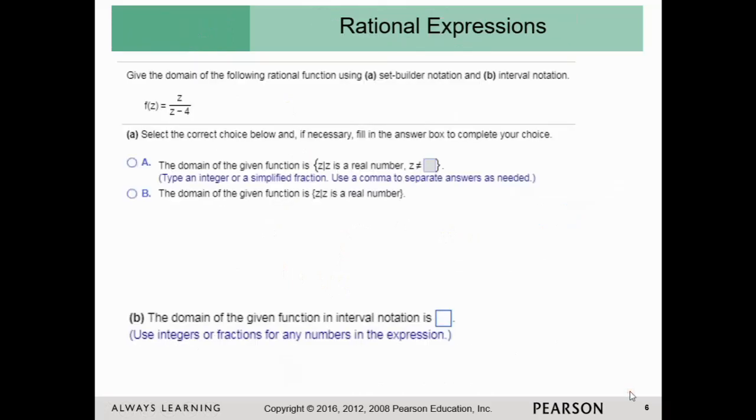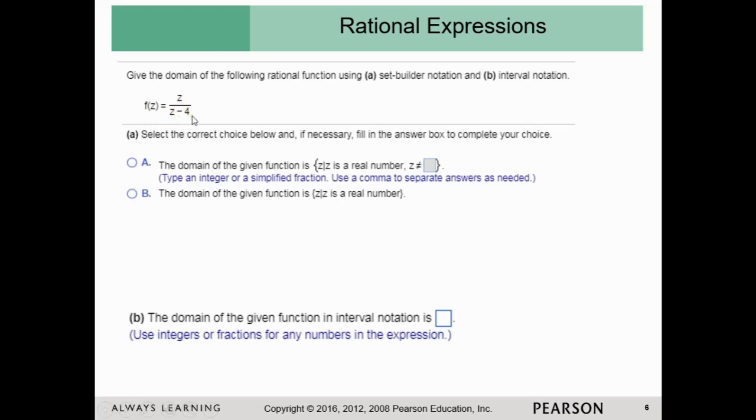So we're going to look at this problem that'll be on the final exam. It says, give the domain of the following rational function using set builder notation and interval notation. So we've got to represent the domain in set builder notation form and interval notation form, looking at the function f of z equals z over z minus 4.